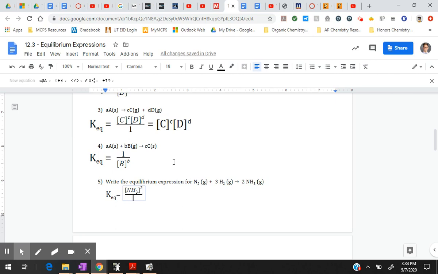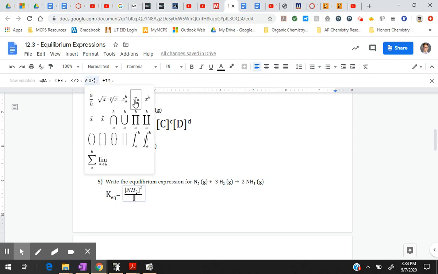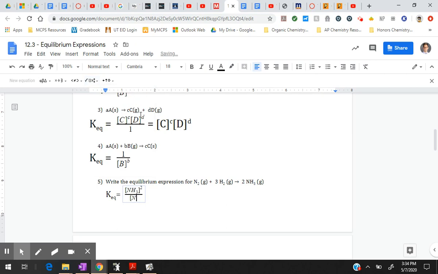I do the right arrow over again to get to the denominator. And now I have the concentration of my reactants, N2. There is no coefficient listed for N2, so we assume the coefficient is 1. Anything raised to the 1 power is itself, so I don't need to write a coefficient for N2. But I do need to write a coefficient for H2.